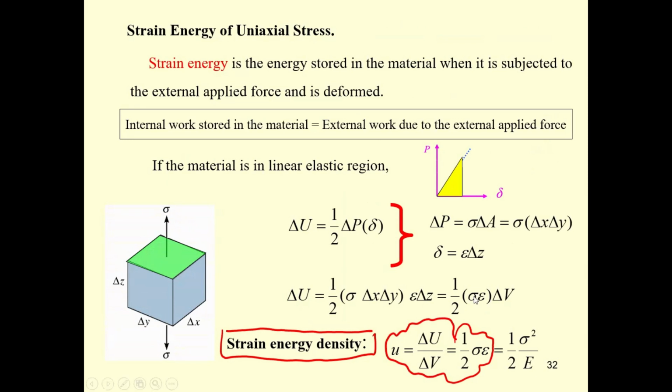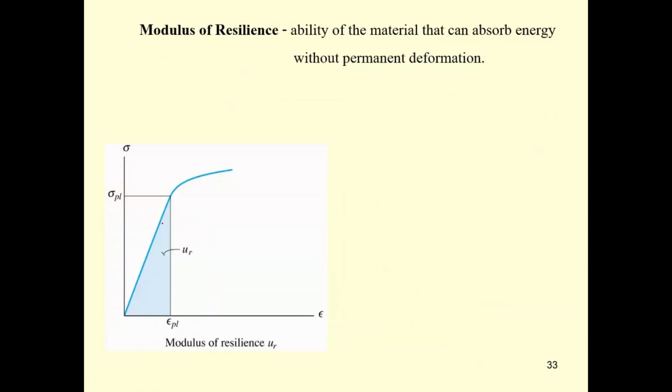As Ajahn mentioned, it's going to be the area during the behavior of the material that is linear elastic. So U sub R is going to be 1/2 of proportional stress times proportional strain. And then sigma equals E times epsilon.